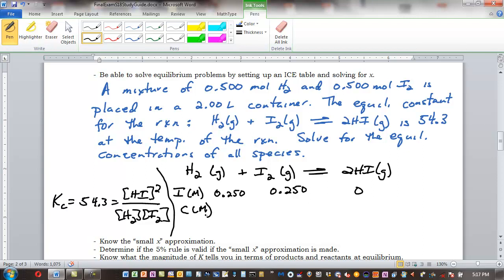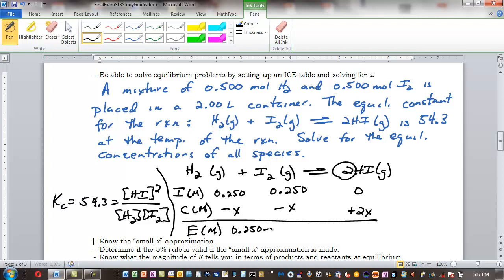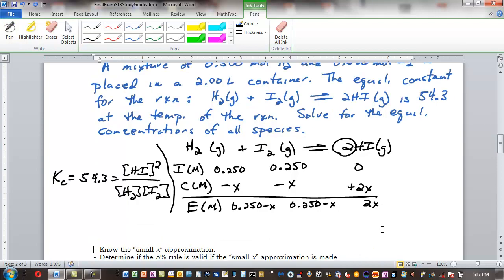We have to make product, so our reactant will decrease. And how much product will we get? 2x. Don't forget that coefficient of 2. And at equilibrium, 0.25 minus x for both the reactants, and 2x for your product.